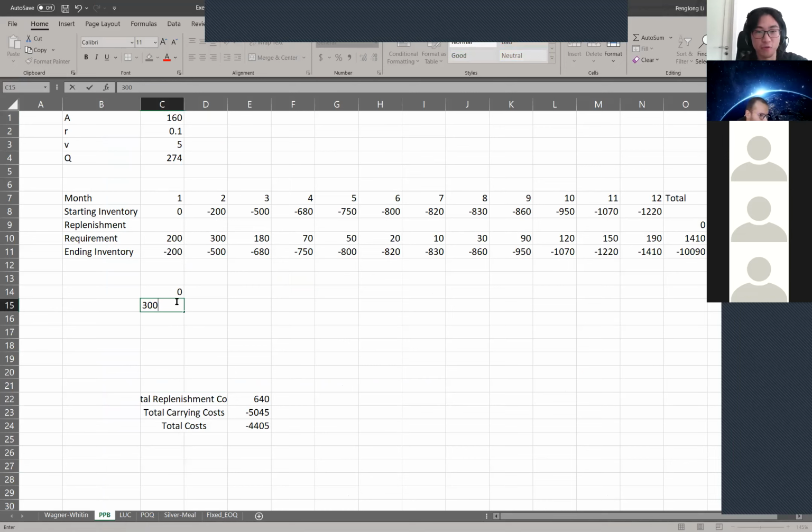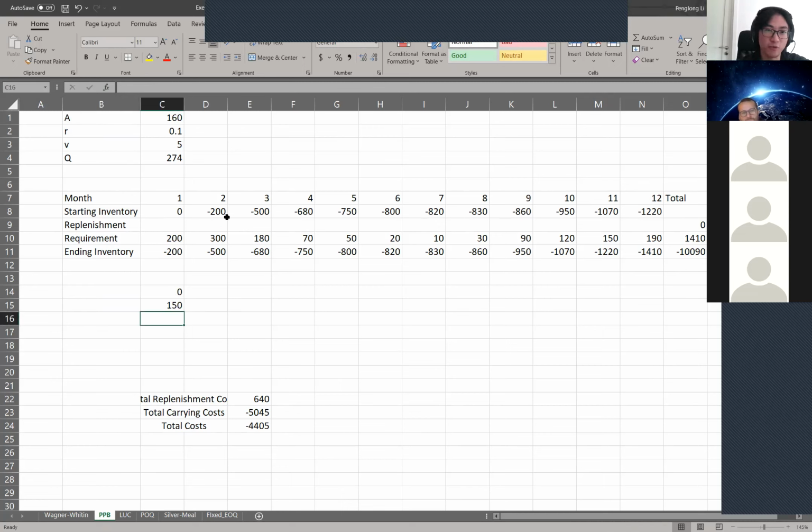We're carrying it for 1 month. So we multiply it by, well, V multiplied by R together is 0.5. So we just use 0.5. And it's 150. And we're comparing it with our A, and you see that it's below A.